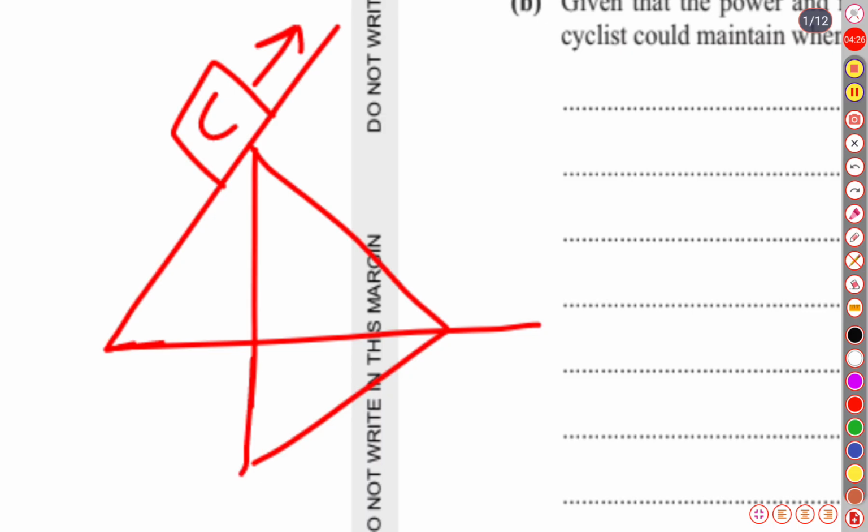Well, so that's what our triangle is. Let me erase this unnecessary part. And how much is the angle at which the hill is inclined? It is 2 degrees. Now we have already drawn the diagram.